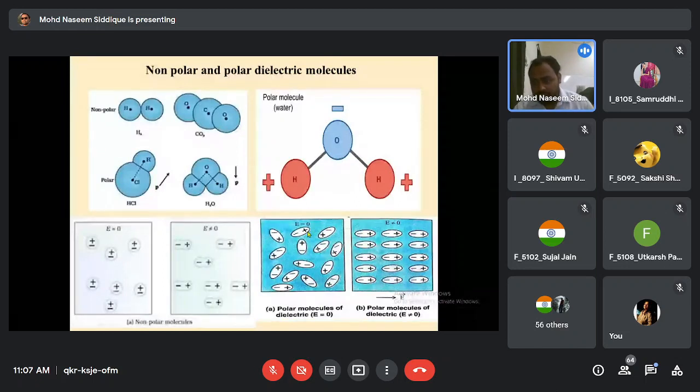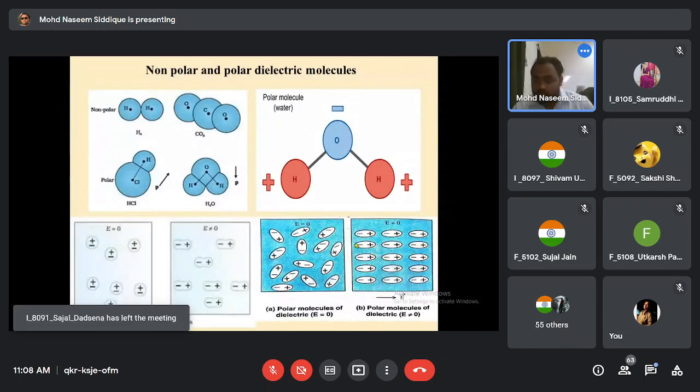But after applying the electric field, all the dipoles are oriented in the direction of the field, hence producing the total dipole moment.